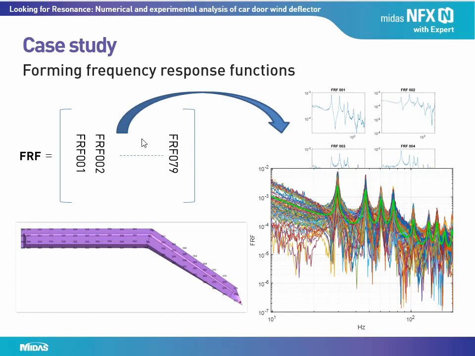The frequency response function is the ratio between response, acceleration in this case, to input force. Given 79 measurement locations, there are 79 FRFs. These graphs show all the FRFs overlaying together. The highlighted line is the average of them. We can see these 79 frequency response functions have resonance at some common frequencies.